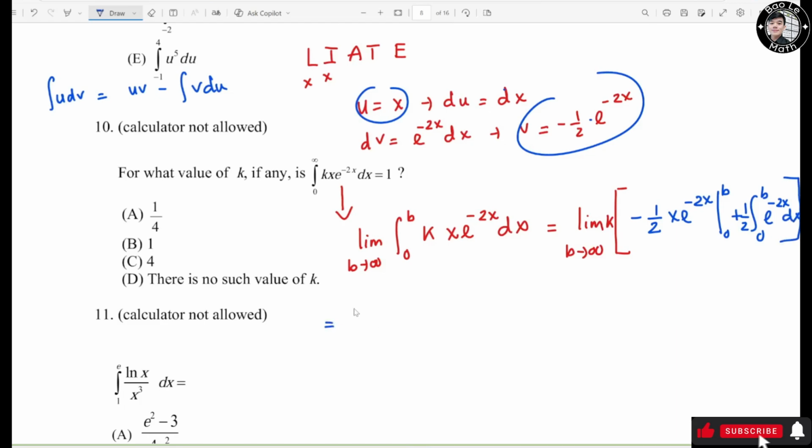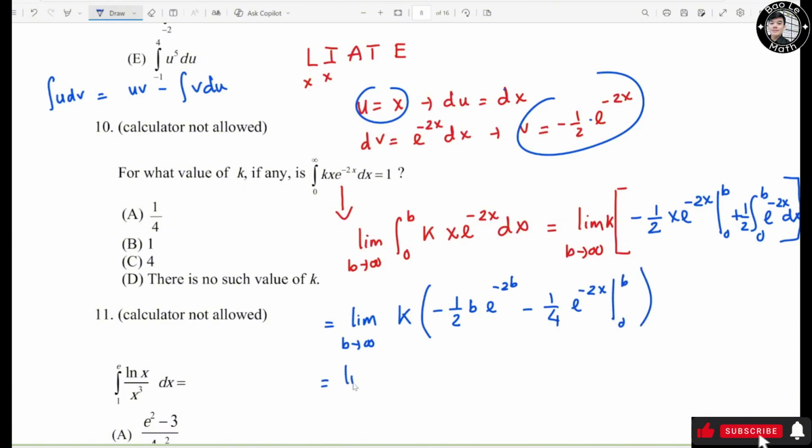So it's going to be limit when b approaches infinity of k times, substitute b for s, right? It's going to be -1/2 b times e to the negative 2b, right? Now for this guy, take antiderivative of this one, it's going to be -1/2, and 1/2 right here is going to be negative 1 over 4, right? e to the negative 2s evaluated from 0 to b, right?